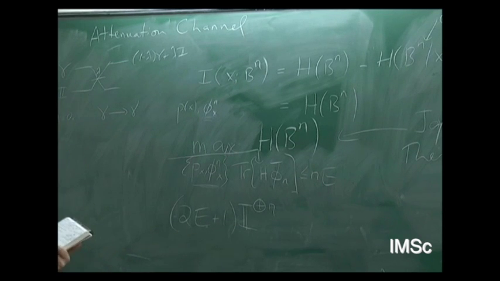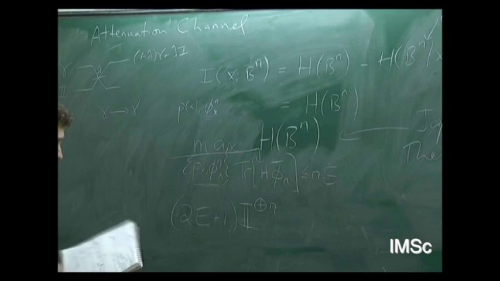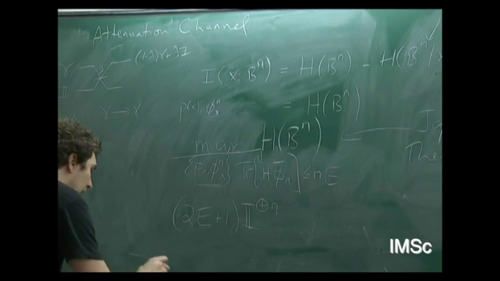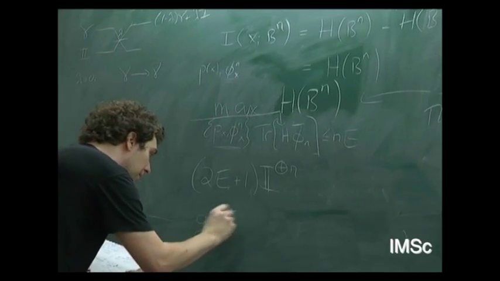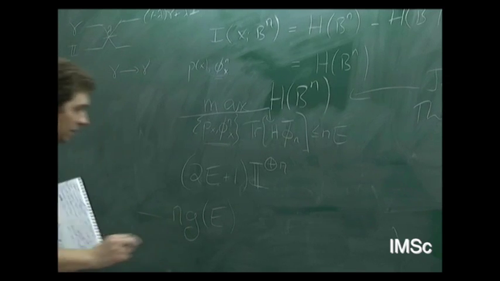Okay, so what's the entropy of this thing? We learned how to calculate that yesterday. The entropy of a single thermal state is just this g function of the average photon number, but there are n copies of it, so we get this extra n.